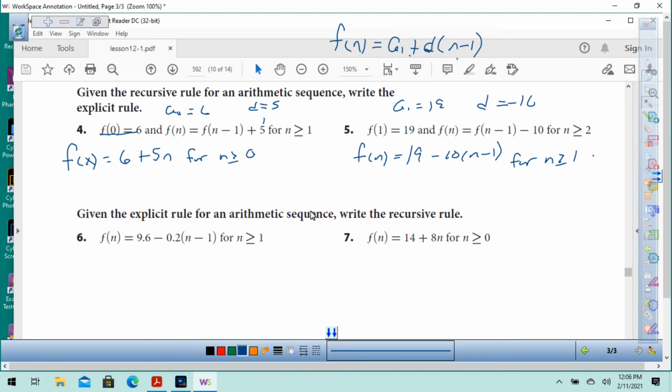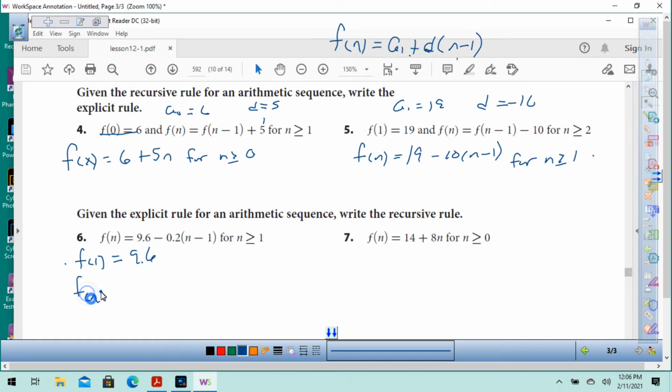Given the explicit rule for an arithmetic sequence, write the recursive rule. Well, we need to find out what is the first term. a sub 1, let's see here. It starts at 1 here, right? So we're going to say f of 1 is 9.6.